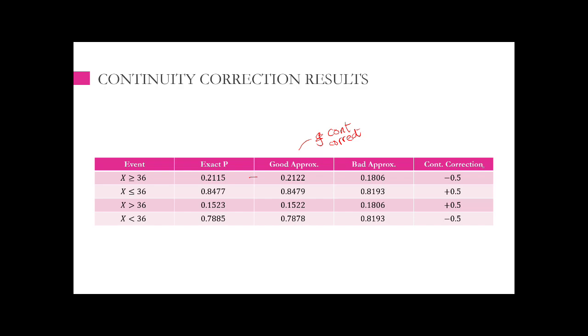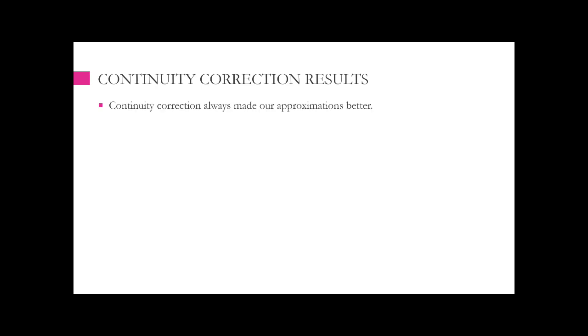And we can see what we had to do in order to figure out that correction. The continuity correction always made our approximations better, and this will always be the case. If you correct your bounds using the continuity correction, doing a normal approximation makes a lot more sense than when you don't do it, and it makes it a lot more accurate, actually.